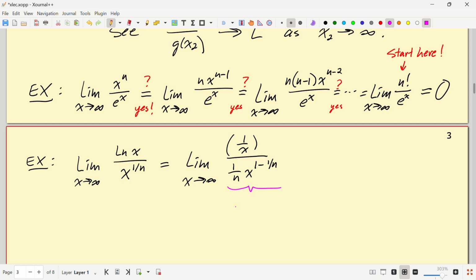And that would be n over x to the 1 over n. And as x goes to infinity, that's 0. So I don't have to do the doing it n times and going backwards thing. So check.